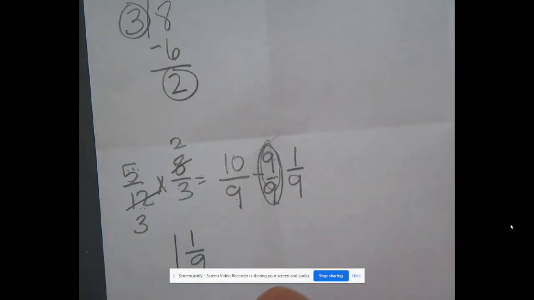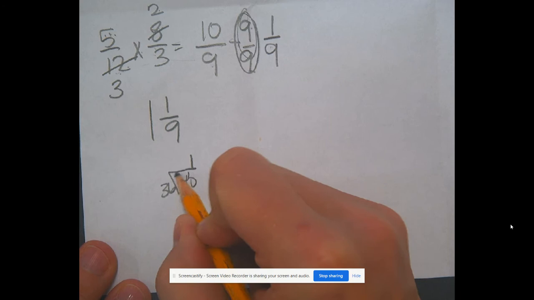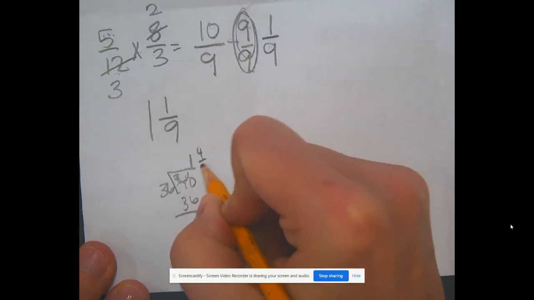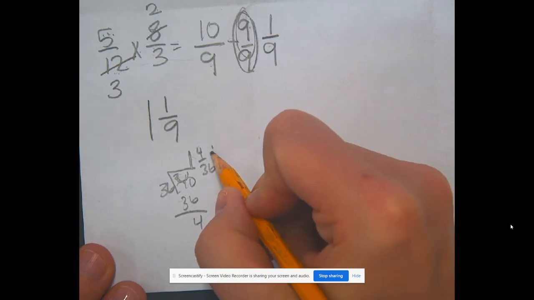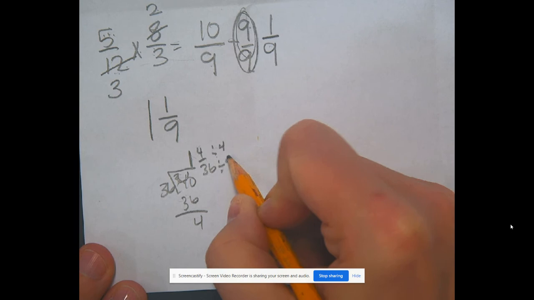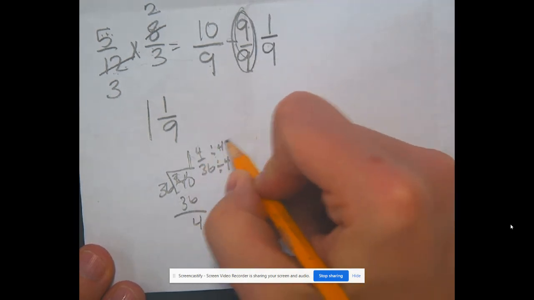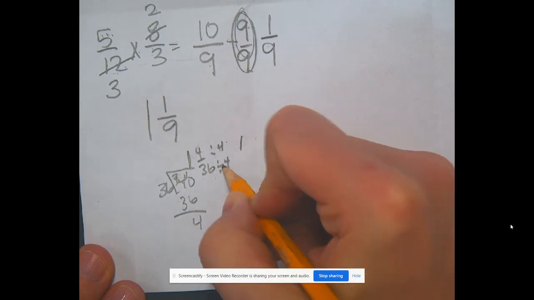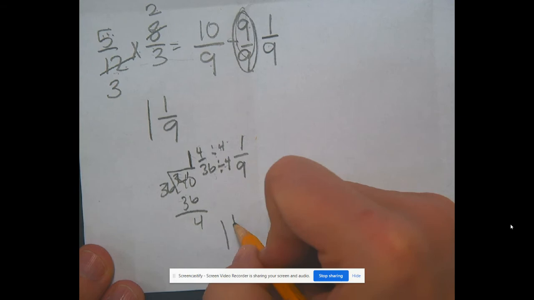Yeah, because 40 divided by 36 is 1, with 4 over 36. Well, what can both 4 and 36 be divided by? My first question is, can 36 be divided by 4? Yes. 4 divided by 4, 36 divided by 4. So our answer is 1 and 1/9.